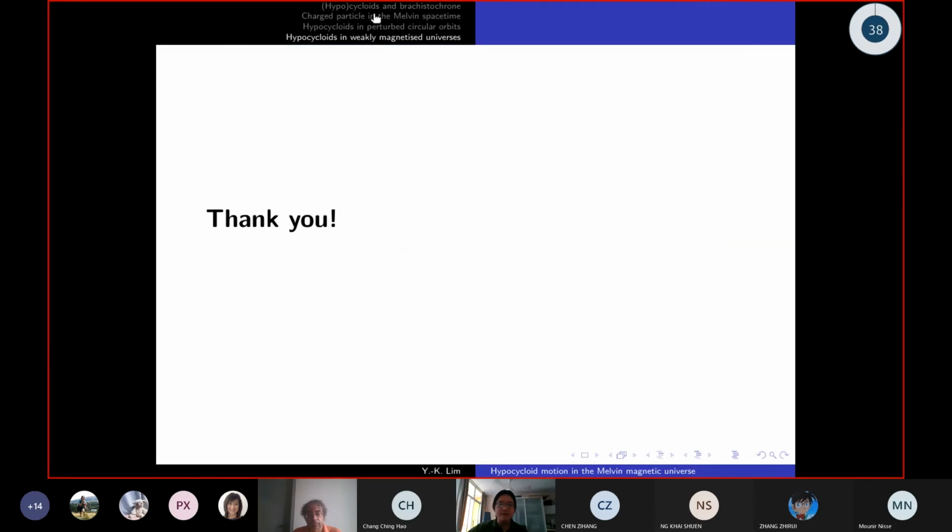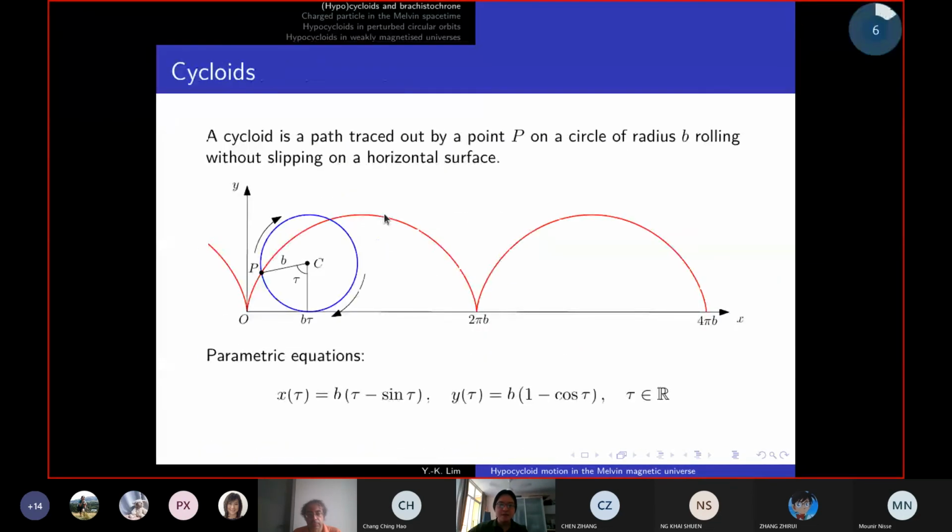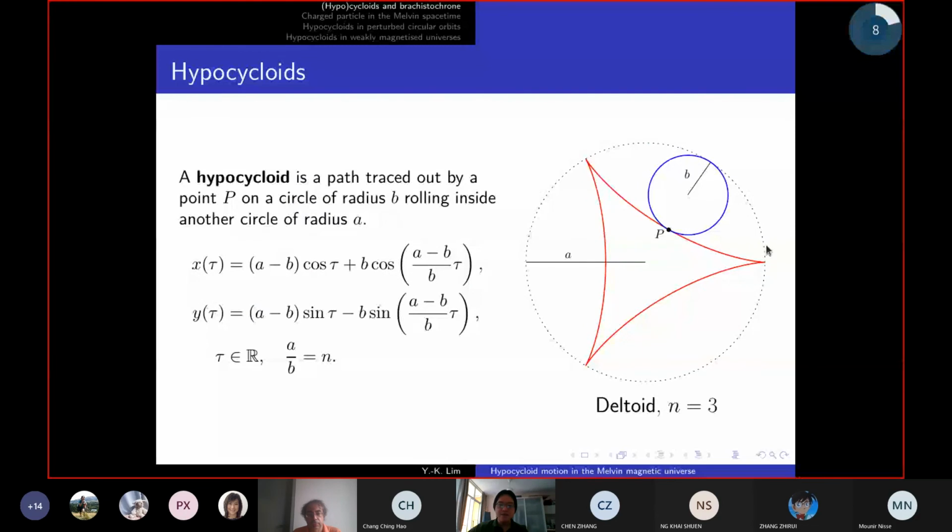If n is a rational number, the number of cusps is finite. It will go a few rounds until it closes back to the initial point. But if n is irrational, then you will have an infinite number of cusps, and if you run time forward, eventually it will fill up the entire circle.